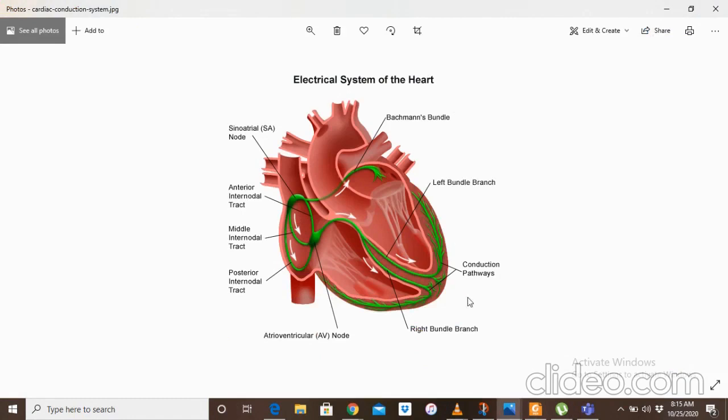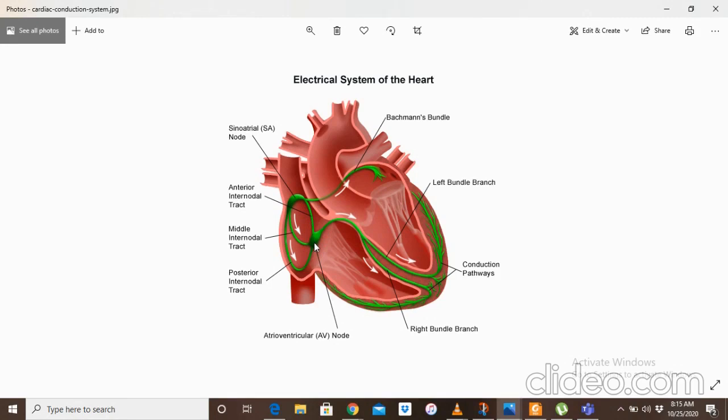So this is the conduction system. This is the SA node, and this is the AV node. The SA node transmits signals to the right atrium and then to the left atrium, and from the SA node the signal goes to the AV node. Here is the delay of 0.1 second, which is called the AV nodal delay.